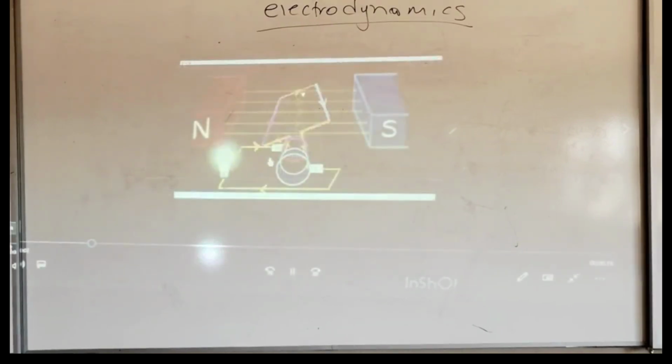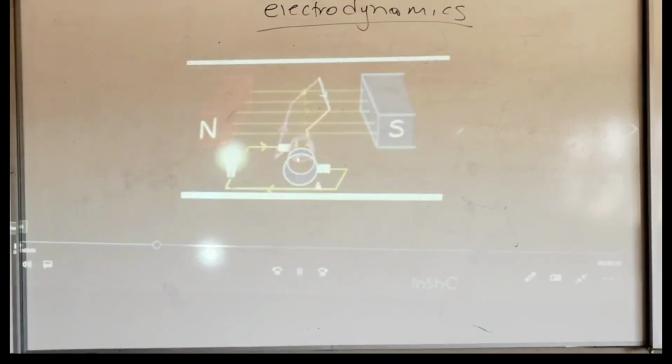Remember I told you that a coil is simply an electric conducting wire. So this is a coil which is rotating. As it rotates, you can see that this bulb is glowing.